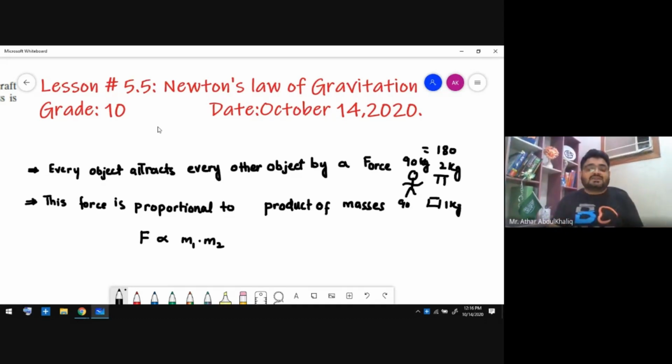Because there is another object that we are talking about: the earth is another object of the universe. So if you talk about the mass of the earth, you have to memorize this mass of the earth later on. So mass of the earth is almost 5.98 into 10 to the power 24 kilogram, and this mass is huge as compared to the little objects like table, wall, house, building.